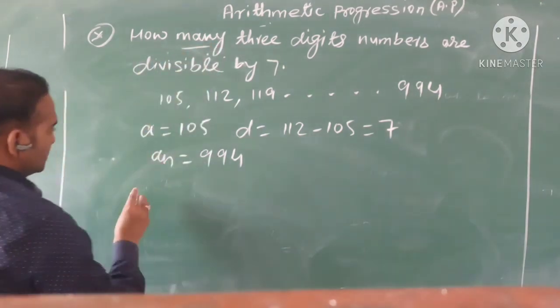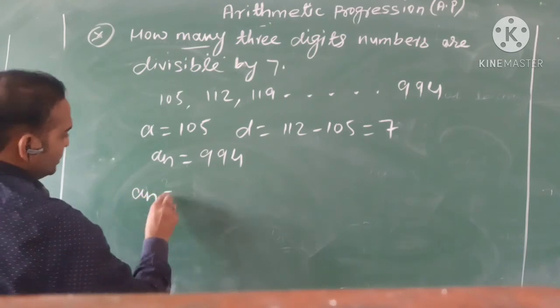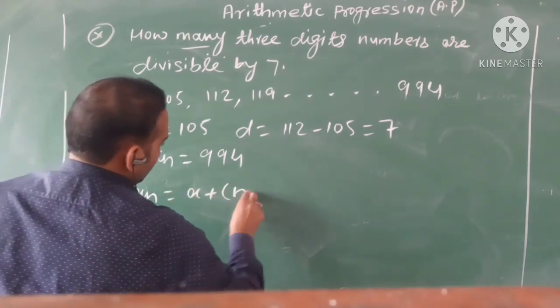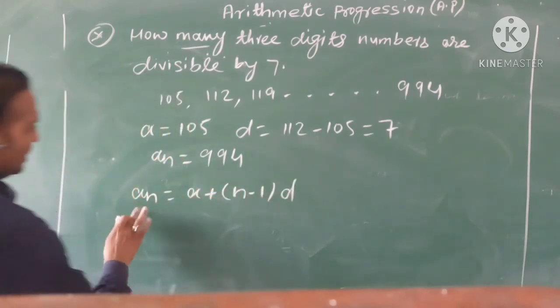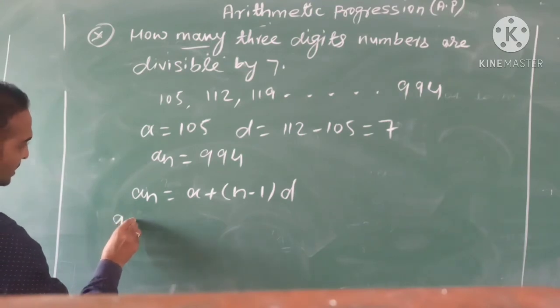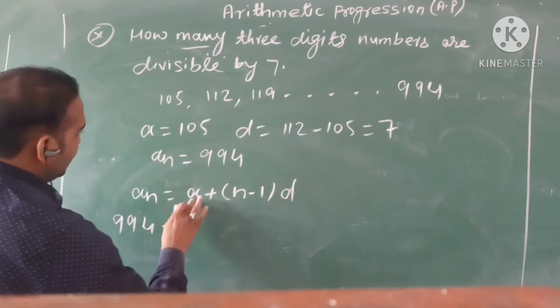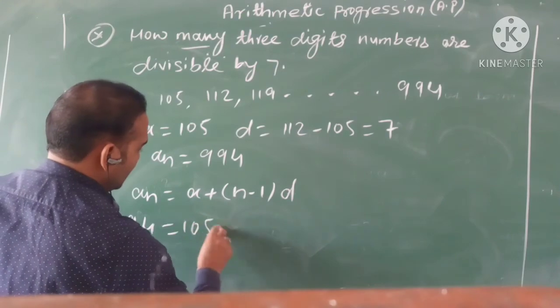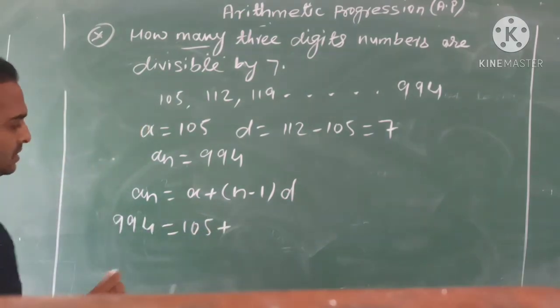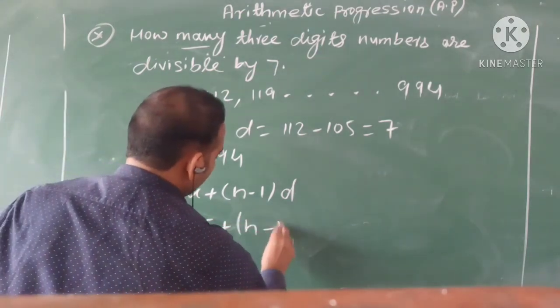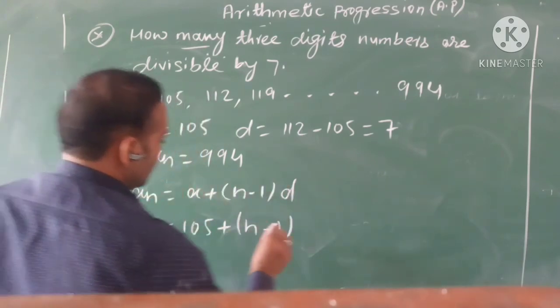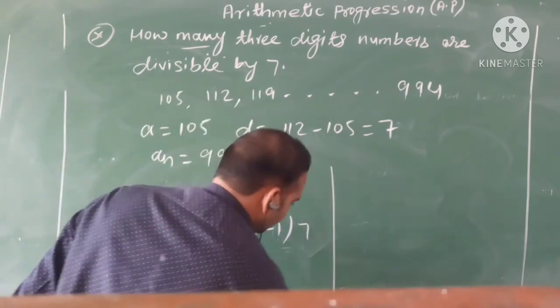Number of terms. We will write an is equal to a plus (n minus 1) into d, and the nth term is 994, a is 105, n is not given, we have to find n, and d is 7.